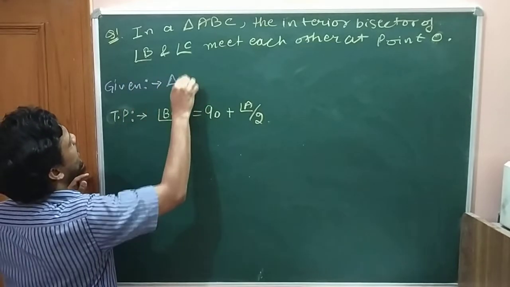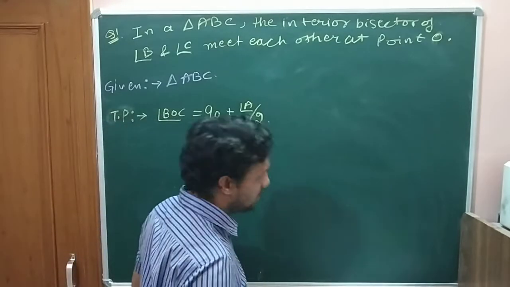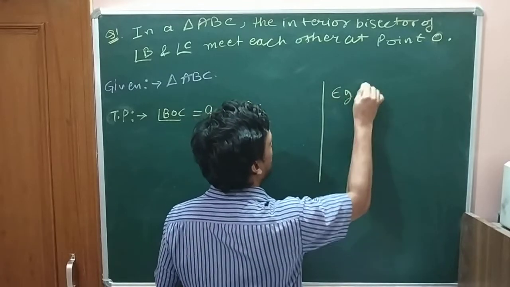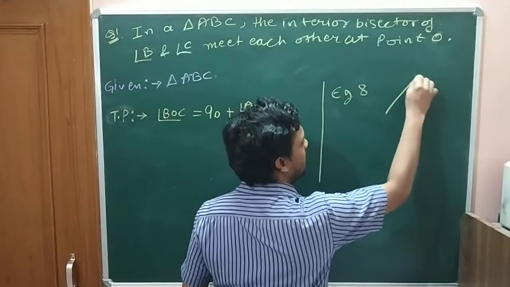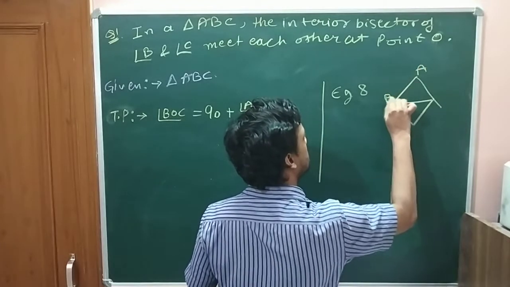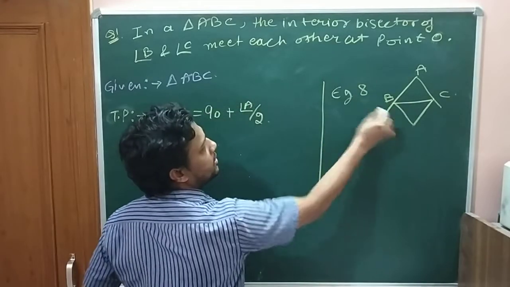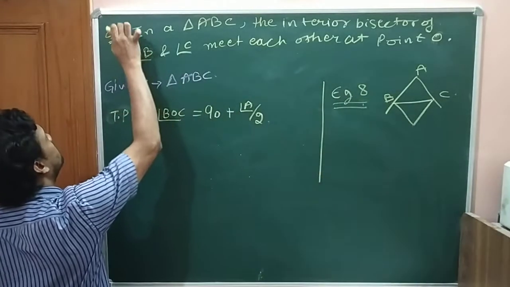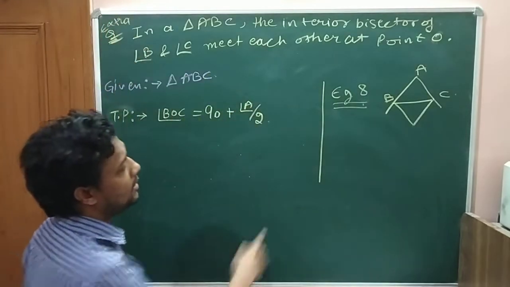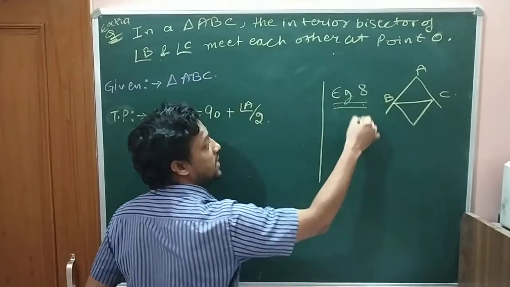First of all, students, I will tell you one thing: if you see your NCERT example 8, in this there is one diagram like this. This question is an extra question, and that is NCERT example 8. Both statements are the same.